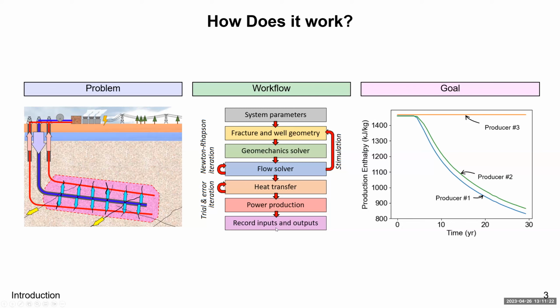And then finally, it'll record as a simple single line output in a comma delimited file that will be structured in a way that should be quite convenient for machine learning purposes. So each row will be one realization, and then the columns will be both the inputs for the model and the outputs for the model all together. So if there are questions here, feel free to post them in the chat.